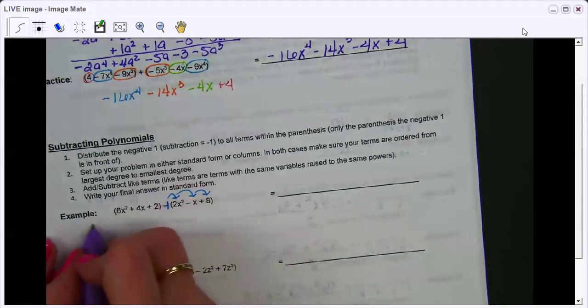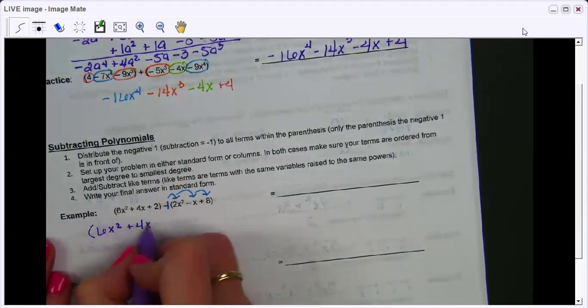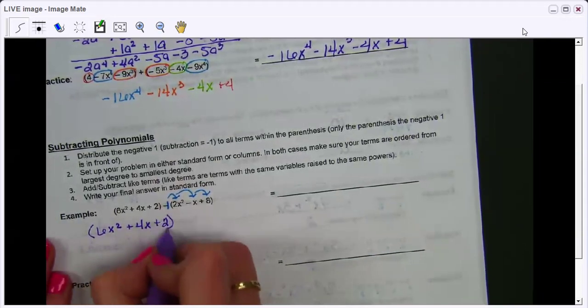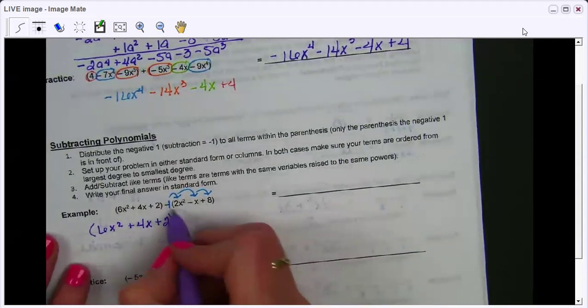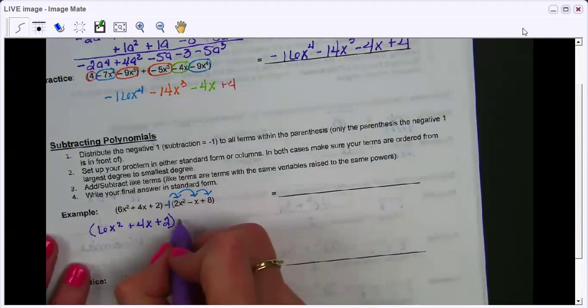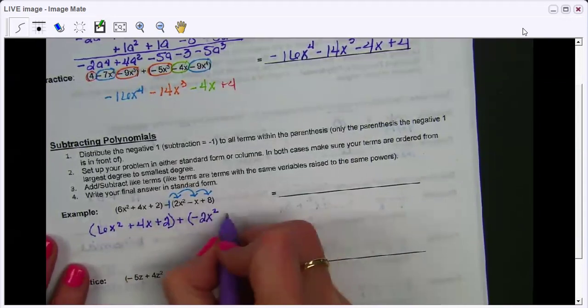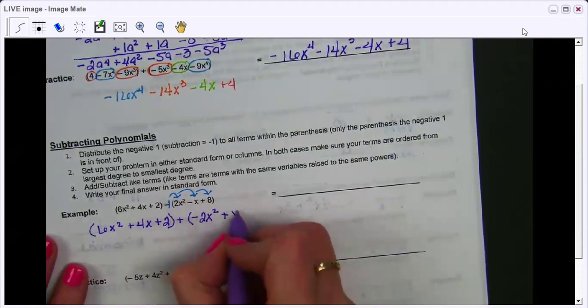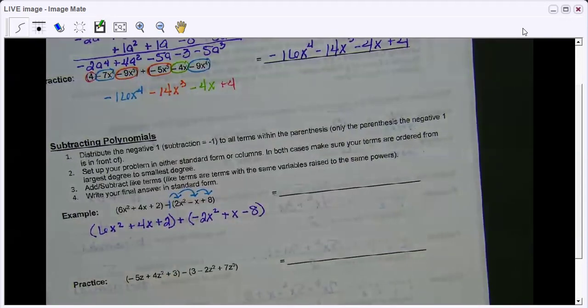So we end up with 6x squared plus 4x plus 2. We're not doing anything with the first set. And then we distribute the -1, and we end up, and we're going to add it to -2x squared plus x minus 8. So we basically just set up an addition problem.